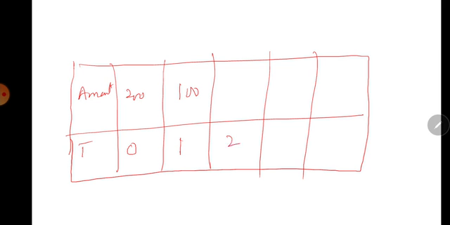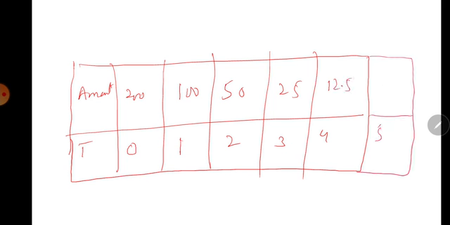After second half-life it reduced to 50. After third half-life it reduced to 25. After fourth half-life it reduced to 12.5. After fifth half-life it reduced to 6.25, and after sixth half-life it reduced to 3.12.